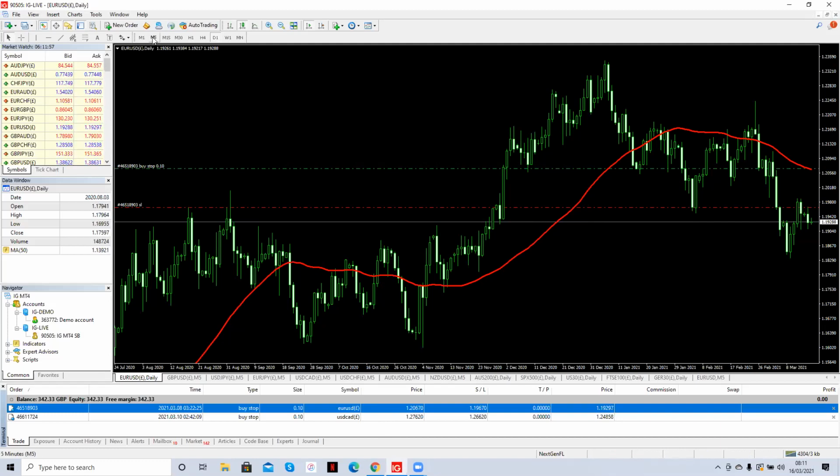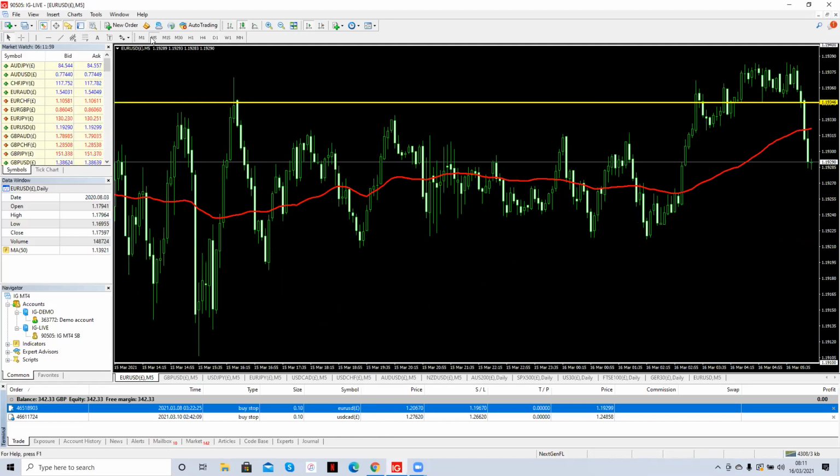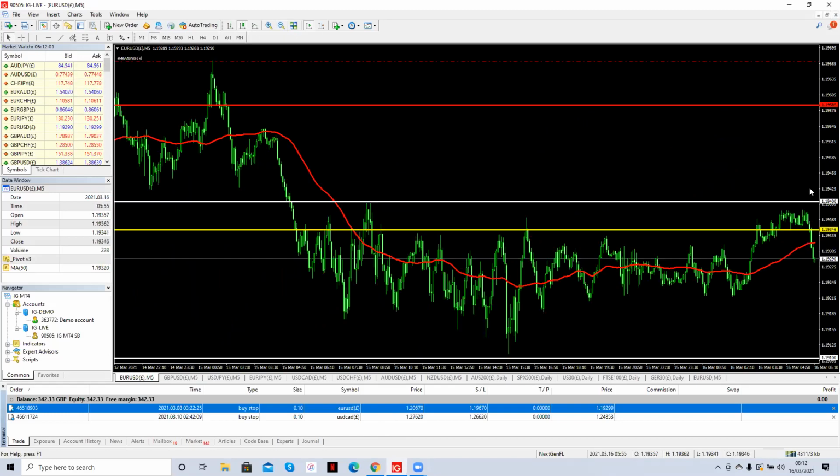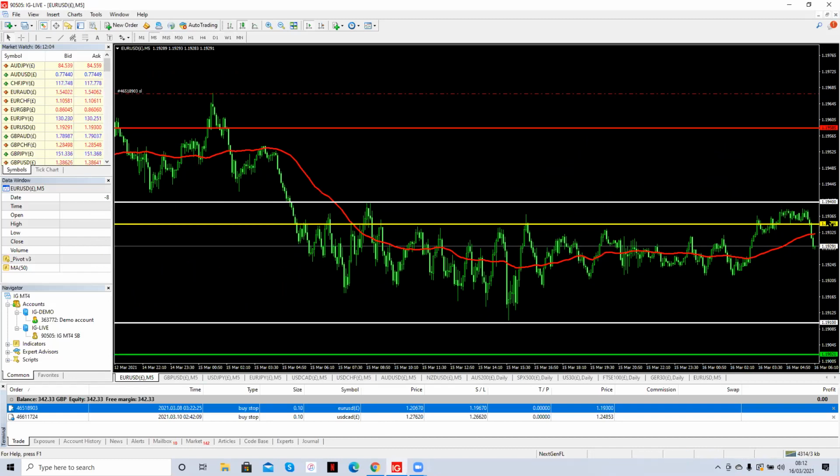Then for the day trading, I go to the 5-minute time frame. The market was trending sideways yesterday and I marked out the sideways trend. The market is still trending sideways within these 2 white lines, because I identified the high and the low of the sideways trend yesterday in the evening.